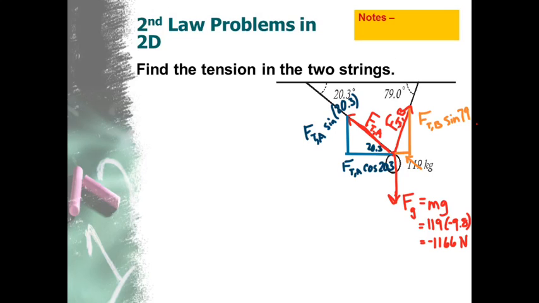Let's put it right here. The force due to tension in rope B times cosine of 79 degrees. Right. Now I can split it into x and y directions.